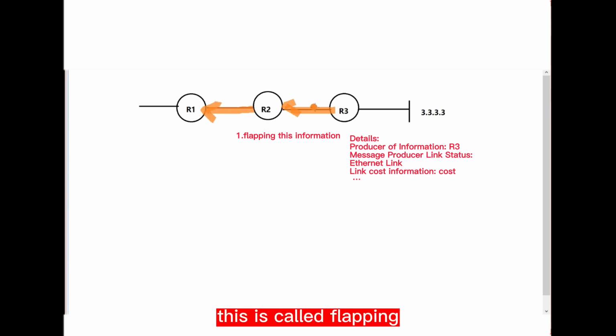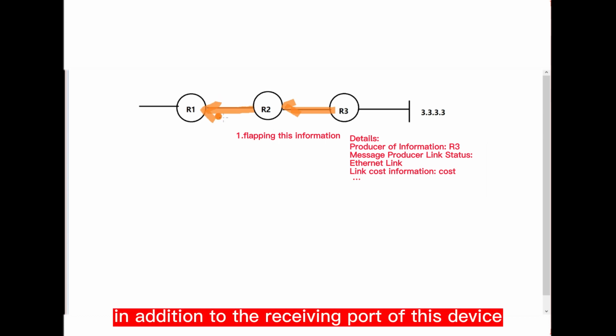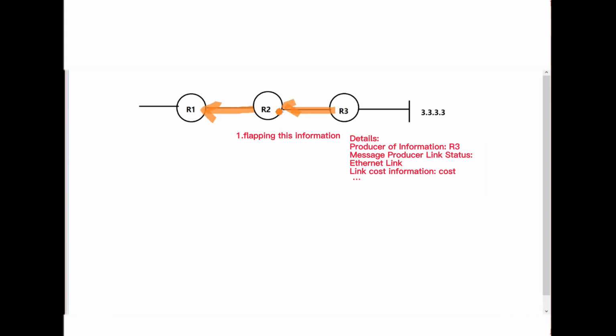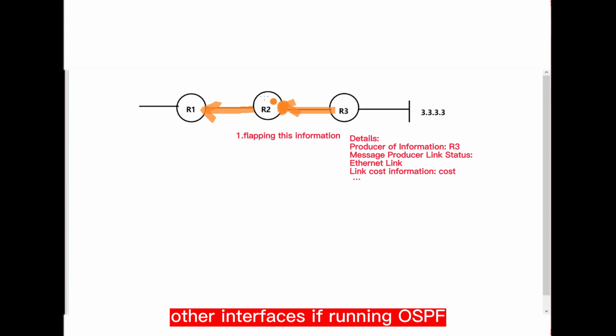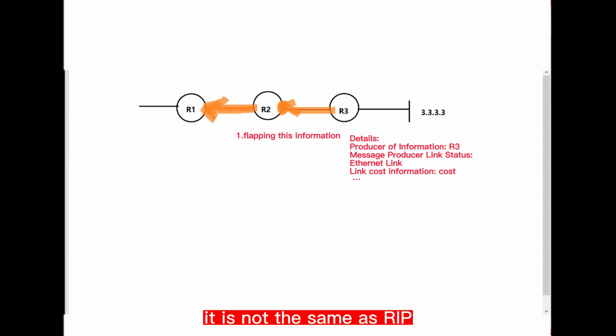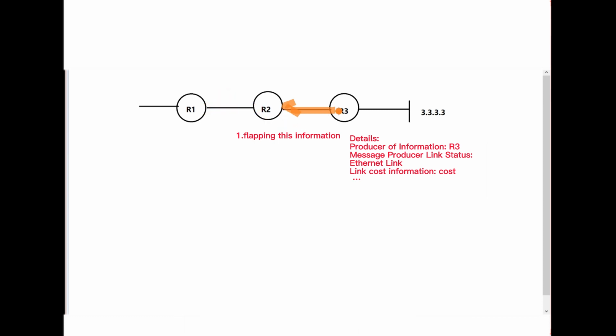This is called flooding. That is, in addition to the receiving port of this device, other interfaces, if running OSPF and also in the same area, will each send out a copy. This is called flooding.